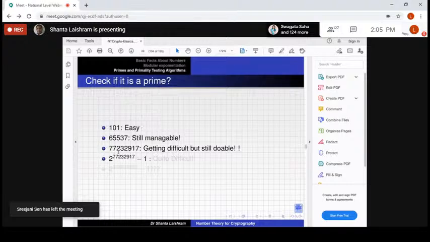Now I give you 7732917. The numbers are getting bigger, but it's still doable. It's not a big number. If I give you this number, it is actually a prime. If I give you 2^77232917 minus 1, then it gets quite difficult.